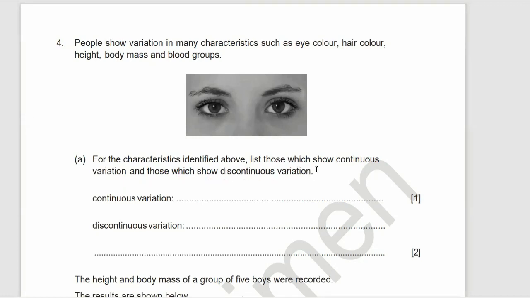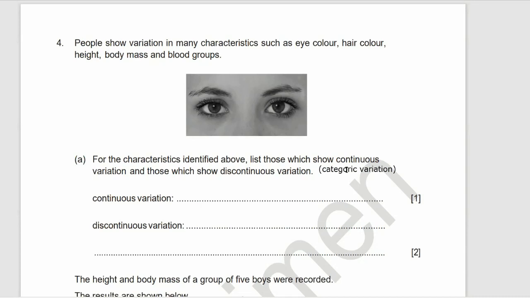Now, another name for discontinuous variation is categoric variation. So this means things that change about people or animals or species or characteristics that you can put into distinct categories. Whereas continuous variation is stuff that blends from one to another.